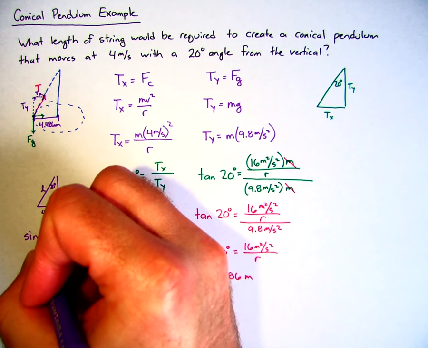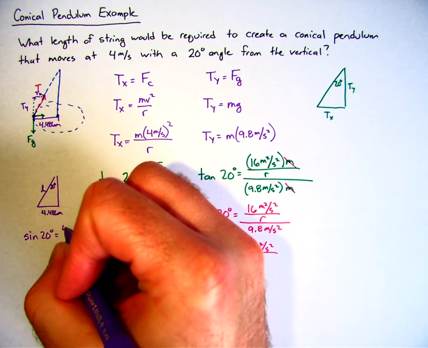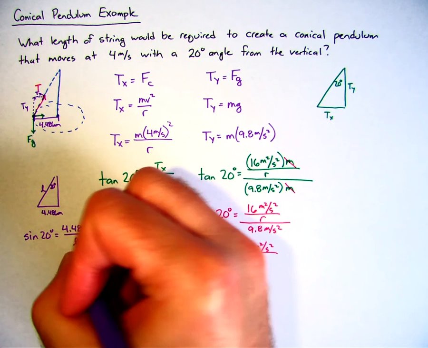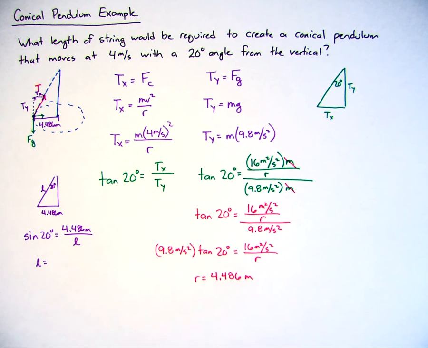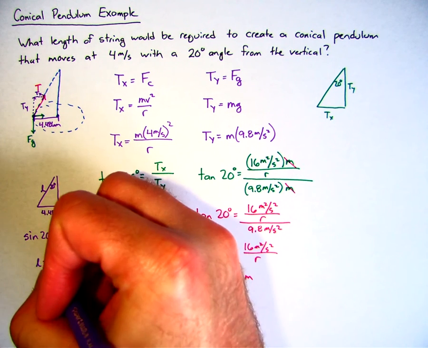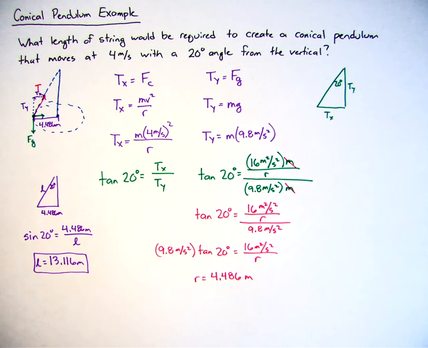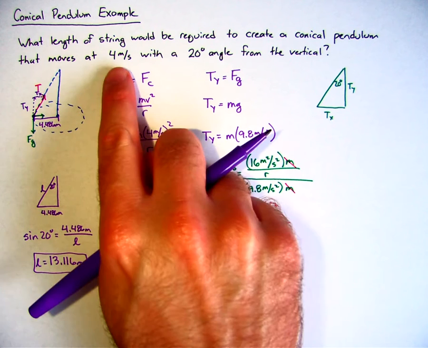The sine of 20 degrees is equal to 4.486 meters, opposite, divided by the hypotenuse, which is L. Again, just cross multiply. So 4.486 divided by the sine of 20 gives you a length of your string of 13.116 meters.